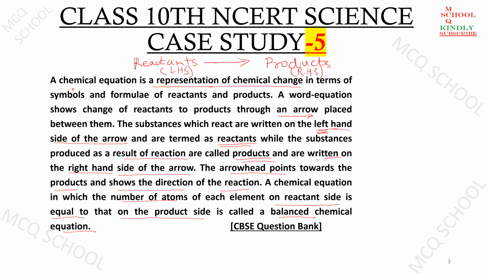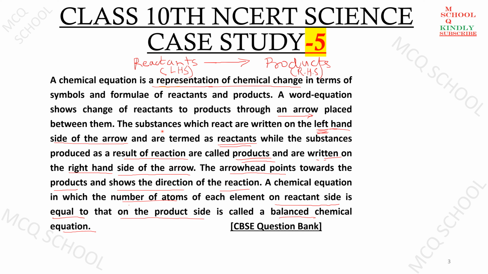A chemical equation is a representation of chemical changes in terms of symbols and formula of reactants and products. A word equation shows change of reactant to product through an arrow placed between them.